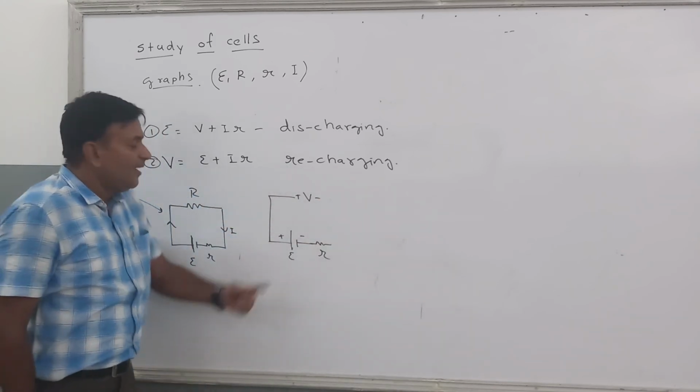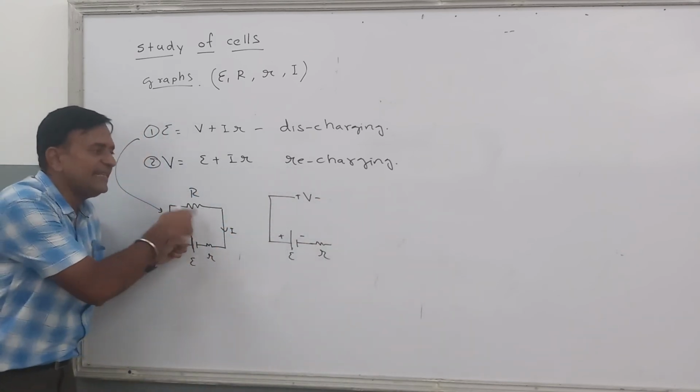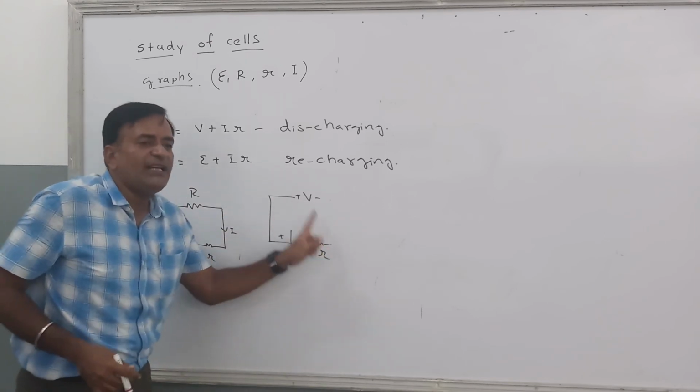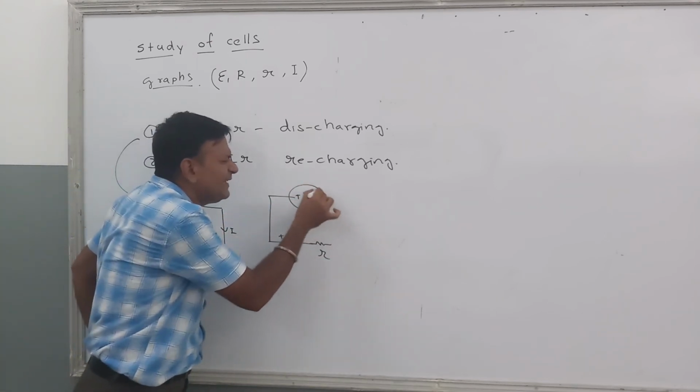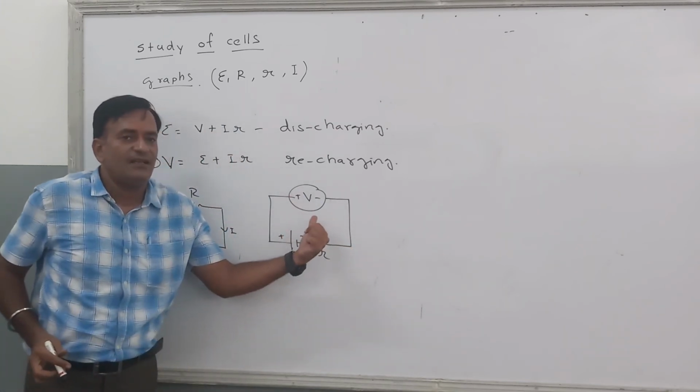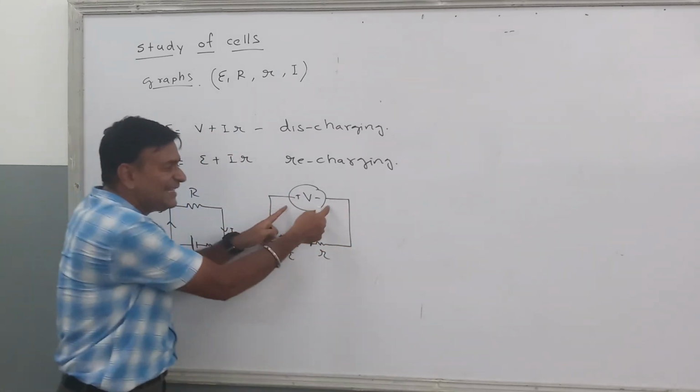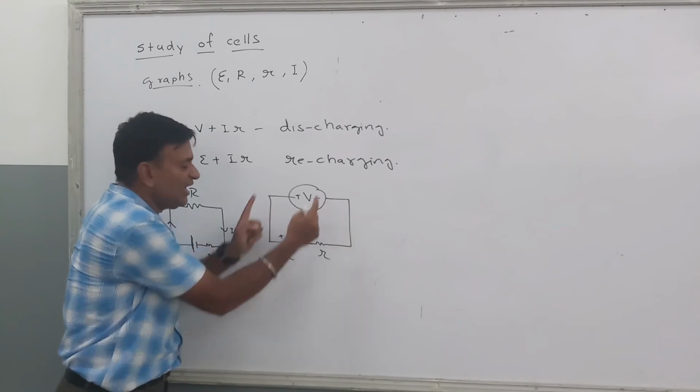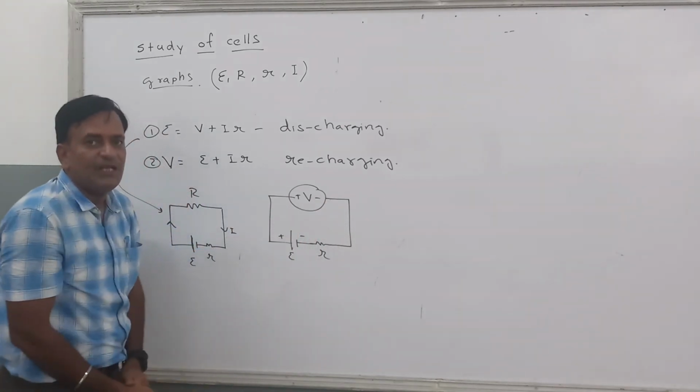What was it earlier? External resistance. Now external potential difference. What is this actually? This is your charger, your mobile charger. This is your mobile battery.